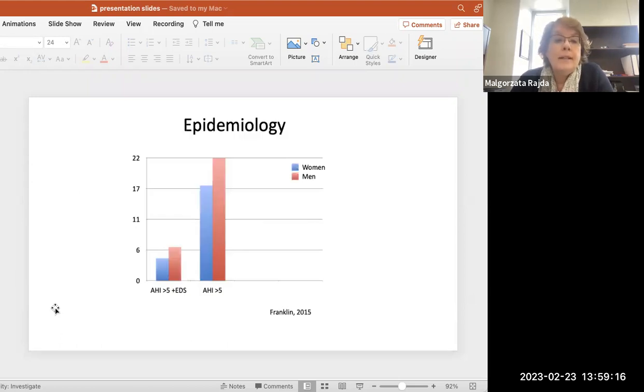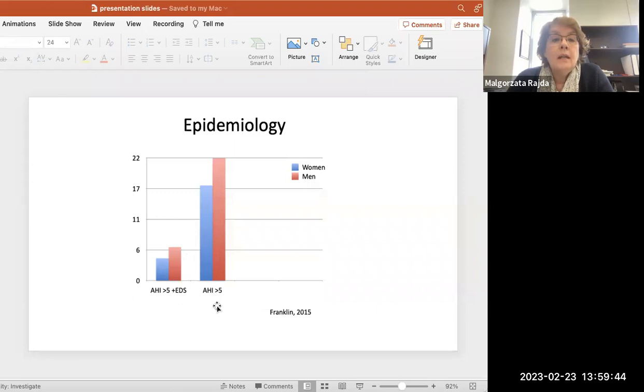So how common is that? If we define sleep apnea as more than 5 events per hour plus daytime sleepiness, about 4% of middle-aged women and more than 6% of middle-aged men meet the diagnostic criteria.